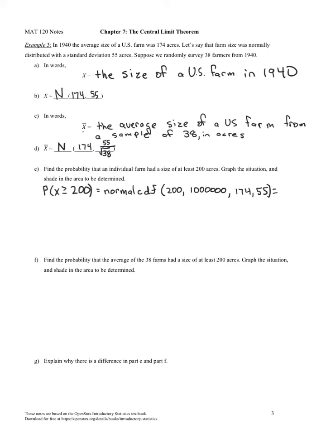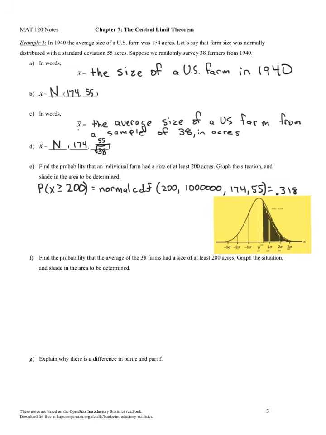And we should get about 0.318. If we want to look at a graph of this, we'd have something that looks like this, where we know we're looking at 200 or more.